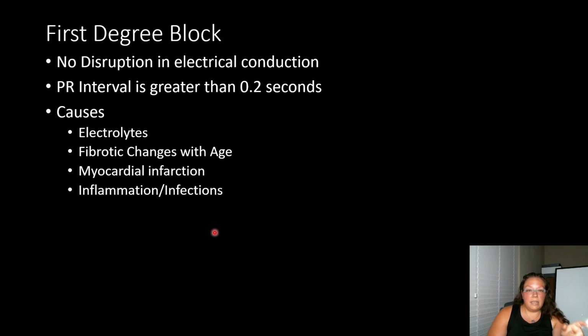It's very, very easy to confuse this with normal sinus. If you look at something right off the bat and you don't have calipers on you, you can't read the little squares to figure out how much time is actually being spent between the P and the R, then sometimes if it's not close, like it's not 0.21 seconds, you can say, okay, that's a normal sinus.